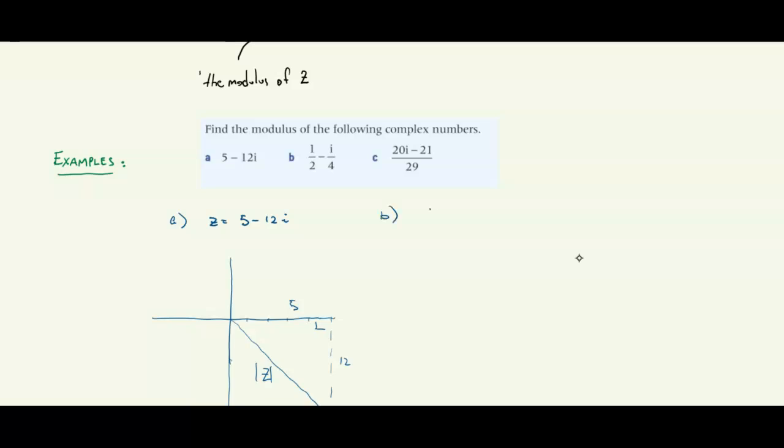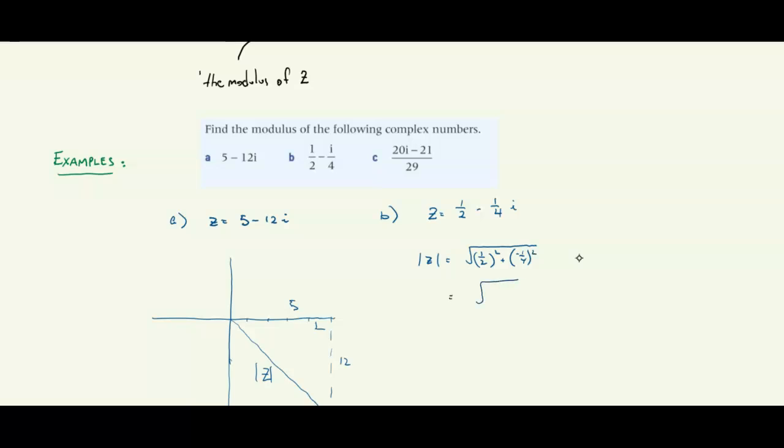In B, z is equal to 1/2 minus 1/4 i. You'll notice I'm splitting my coefficient from my i. I want to see what my a and b are, because my modulus of z is going to call on those values. So I've got the square root of 1/2 squared plus the negative 1/4 squared, but we know it's just the same as 1/4 squared.